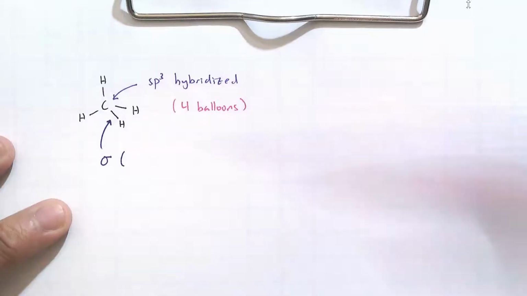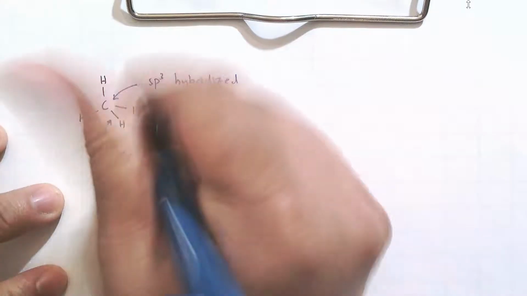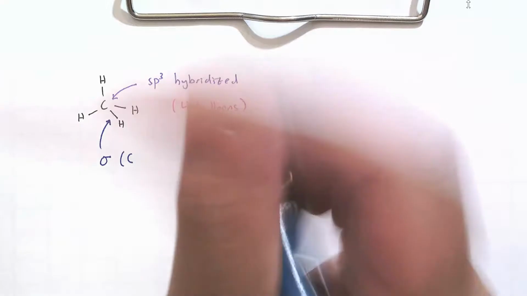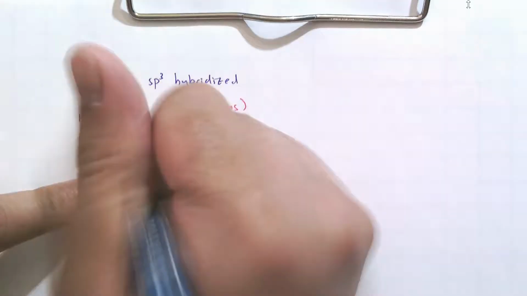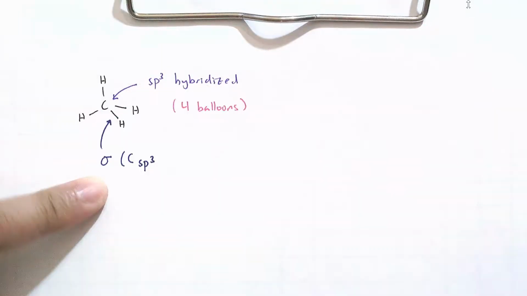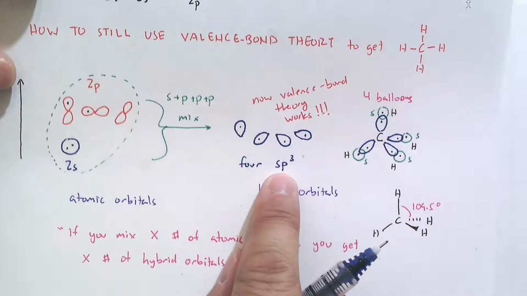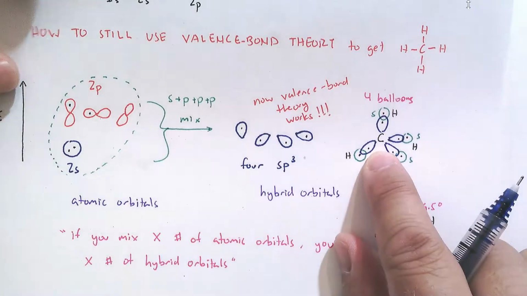It's an overlap of carbon and, let me see, how do I want to do this? I normally don't put the energy level, but it is an sp3 hybridized carbon. And it's literally an sp3 hybridized orbital that's making that bond, okay?